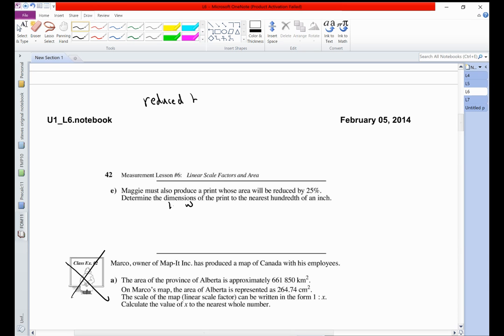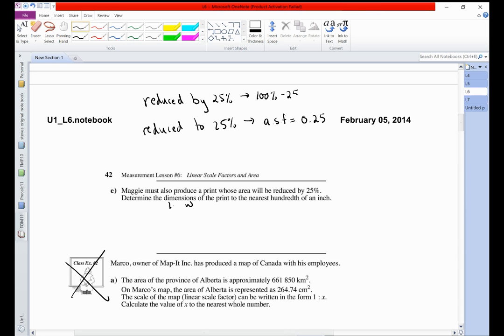Reduced by 25% and reduced to 25%. Reduced to 25% means that our area scale factor is going to be 0.25. Reduced by 25% means that we start always at 100% and we want to reduce that by 25%.